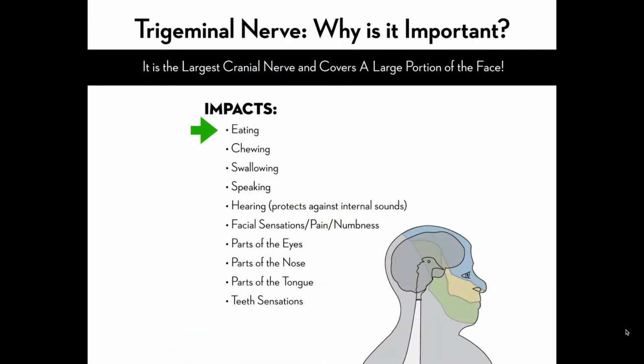The trigeminal nerve is important for a lot of different reasons. For one, it is the largest cranial nerve, and it covers a large portion of the face. It also impacts eating, chewing, swallowing, speaking. It impacts hearing, which you might not think of when you think of the trigeminal nerve, but it basically protects or is involved with internal sounds, like the sounds you make when you're chewing and things like that.